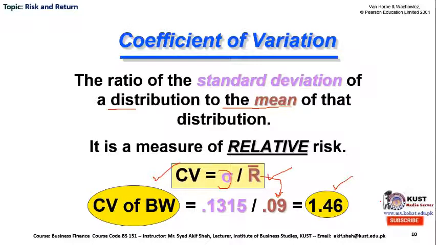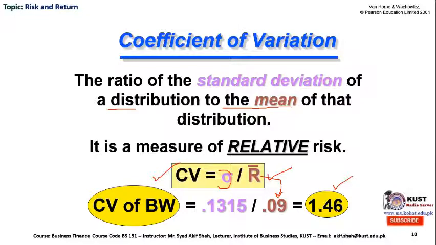Now let's explain what it means. It means that if there is a 1 unit increase in the expected return of that particular share, the resultant increase in the risk factor or in the standard deviation of the stock will be 1.46.